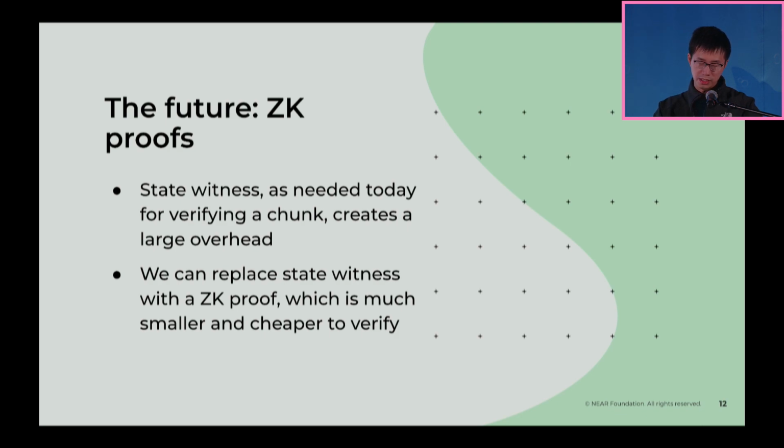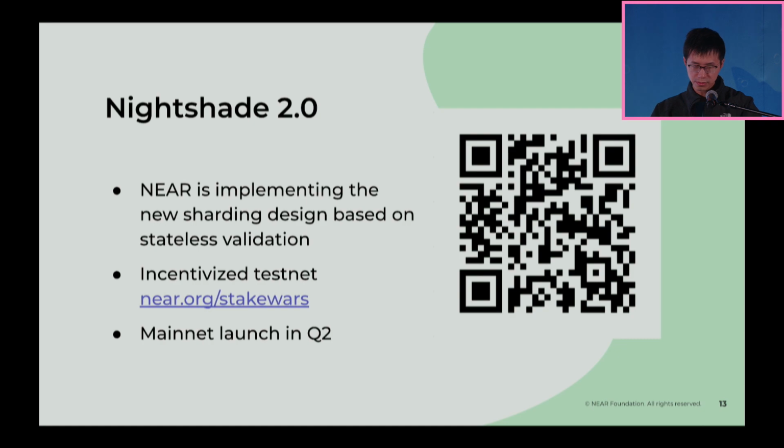Those zero-knowledge proofs are communicated to the validators, who verify the proof, which is also much cheaper than verifying chunk execution today. Overall this would make the system even more decentralized and even more scalable, because it's going to be way cheaper to operate a validator.